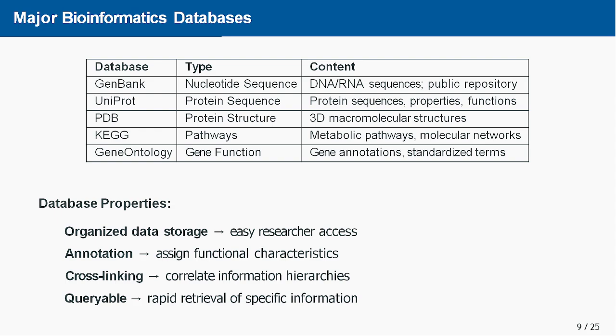A database must have organized data, meaning structured data. It must have annotation, assigned functional characteristics, meaning we have to label them. Then cross-linking, there must be some information correlation and hierarchies between the data. And queryable means rapid retrieval of specific information from those structured, labeled data.